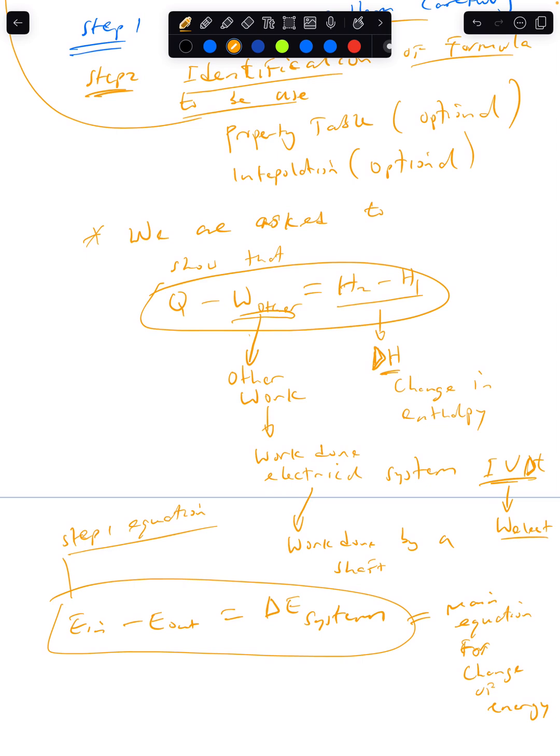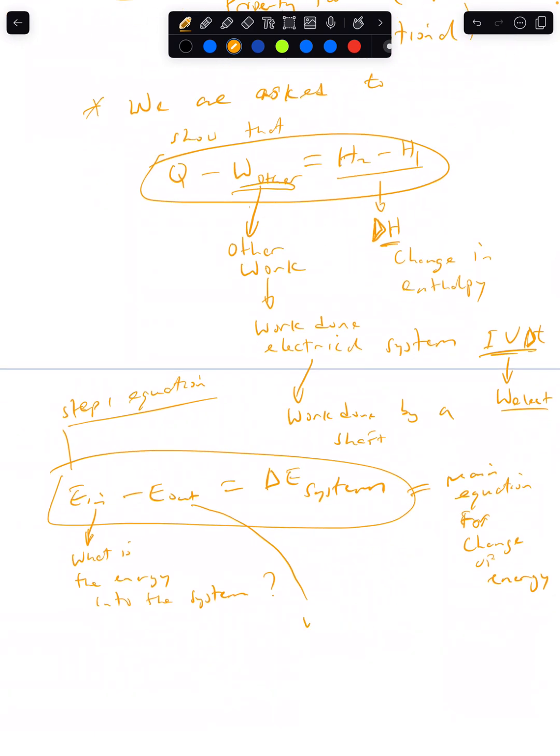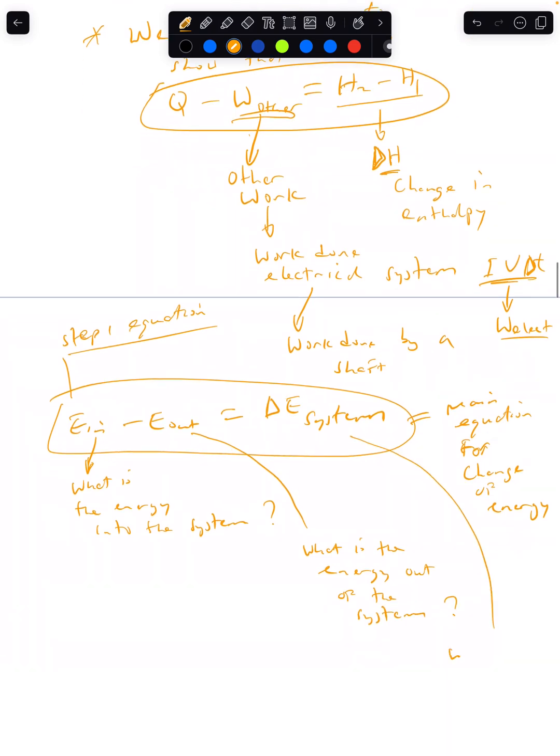After that main equation for change of energy, now we are going to look at this question and ask ourselves, what is the energy into the system? The next question we're going to ask ourselves, what is the energy out of the system?